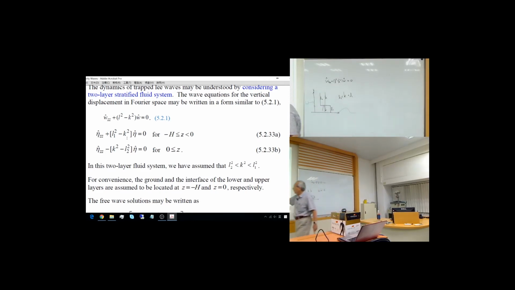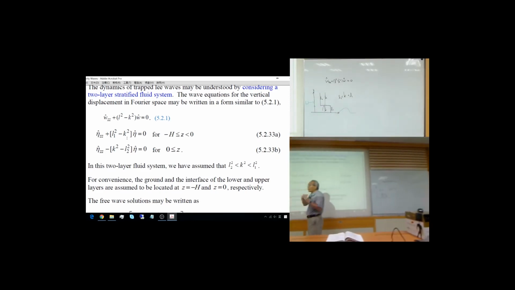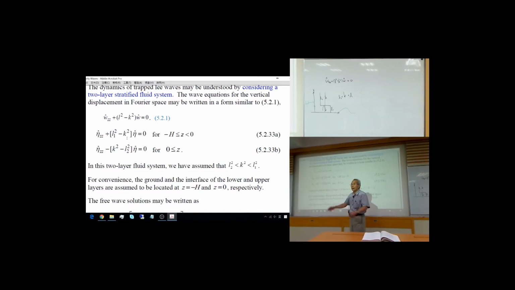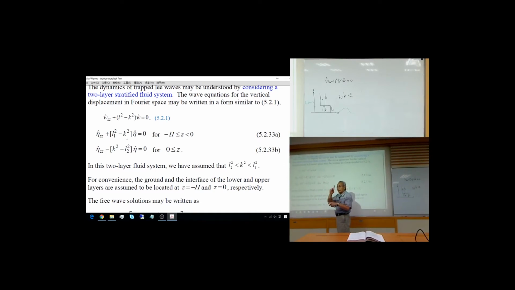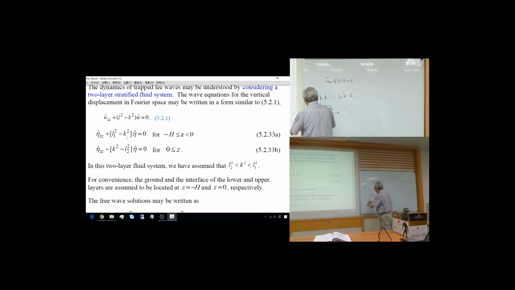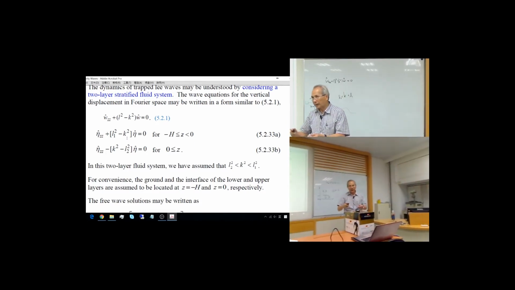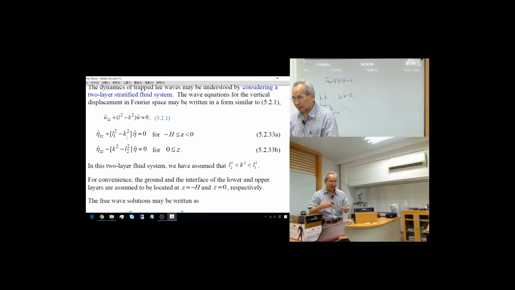One thing different from before, for convenience, is a small shift: we set G equals 0 here, and this will be G equals negative H.